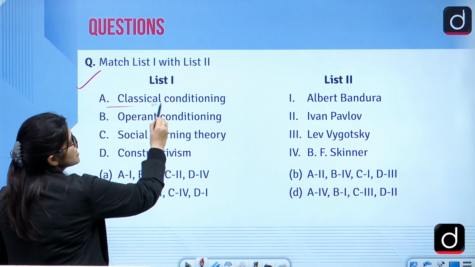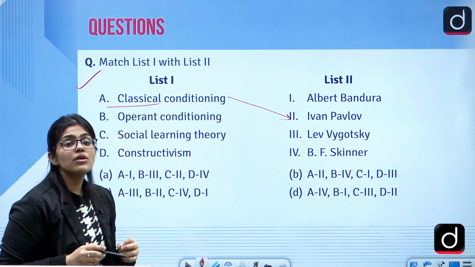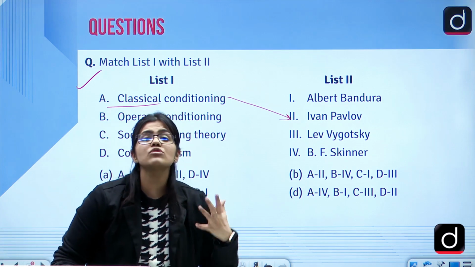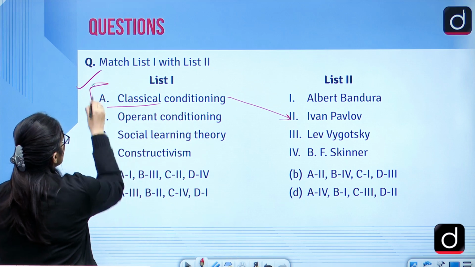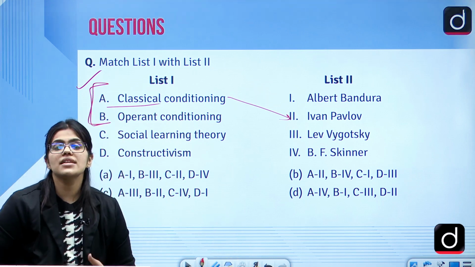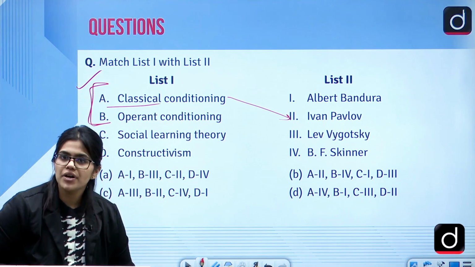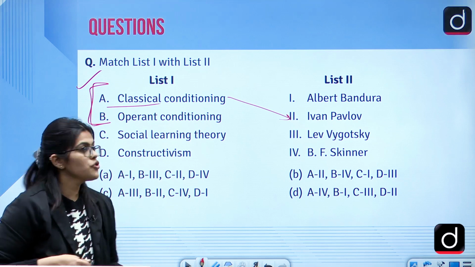Classical conditioning is given by Ivan Pavlov. He is the person who talked about classical conditioning. Classical conditioning and operant conditioning both are behaviorist techniques, showing how you can change your behavior. With behavior, the students can change, the children would change, right?